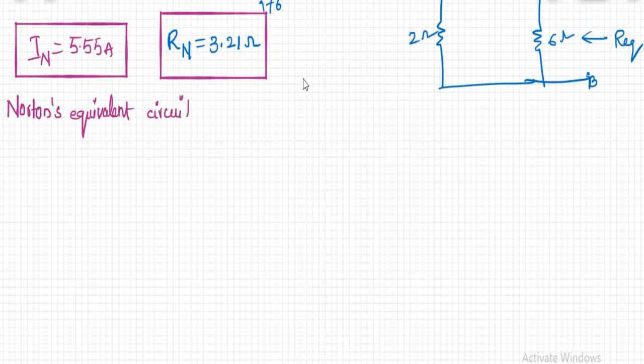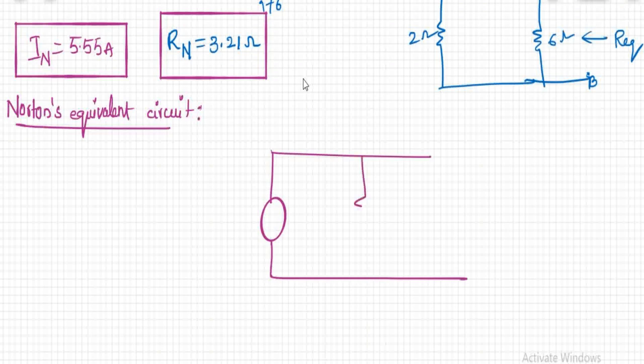Norton's equivalent circuit, which consists of a current source in parallel with a resistance.